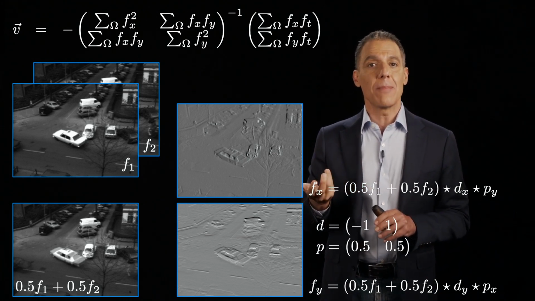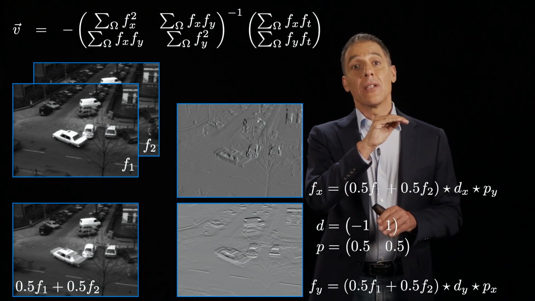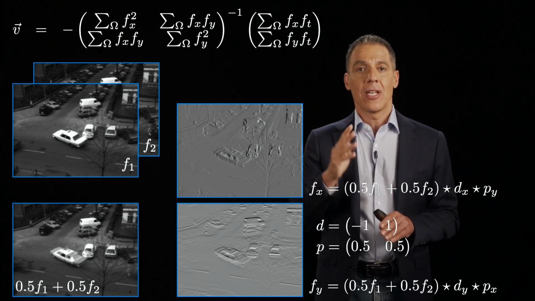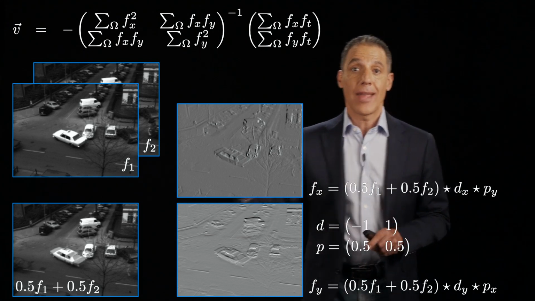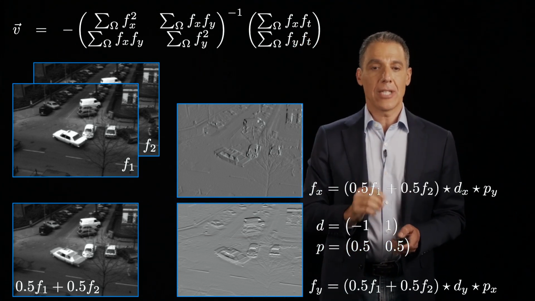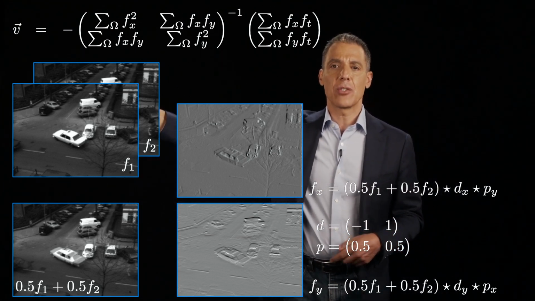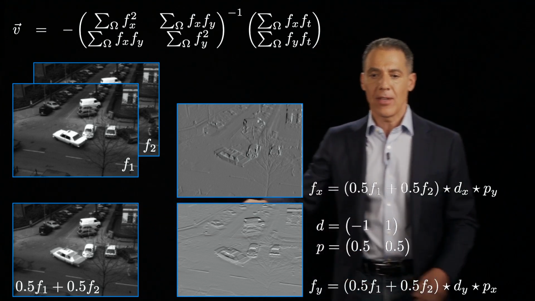When there are three dimensions, x, y, t, space and time, same thing: differentiate in x, pre-filter in time, that's the averaging that I just did, and then pre-filter or average in y. And so that's the reason why we take the average of these two frames, 0.5, 0.5.